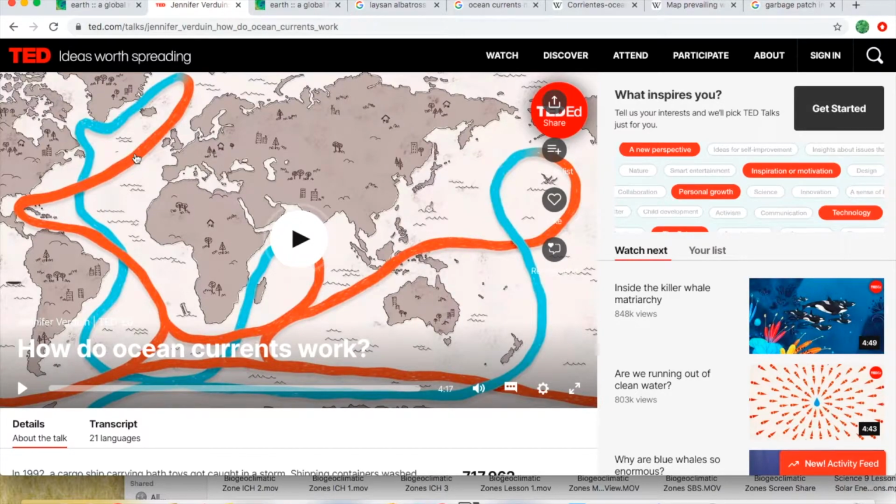When that salty water is carried closer to the poles, it encounters water at the poles that has a lower salt content. Lower salt content water has lower density.